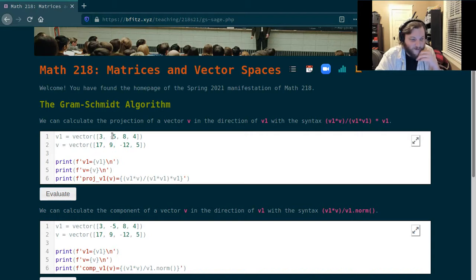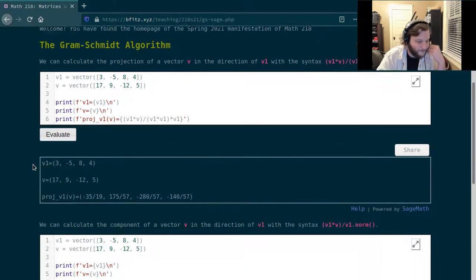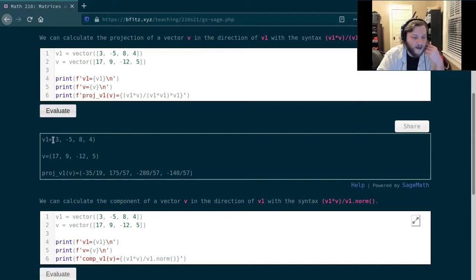The vectors I've input are in R4, and so if we click evaluate, on the first line, we'll print out v1 just to make sure we input it correctly. On the second line, we'll print out v, again, just to make sure we've input it correctly. And then in the third line here, this gives us the projection of v in the direction of v1. And it's this kind of nasty vector we see over here.